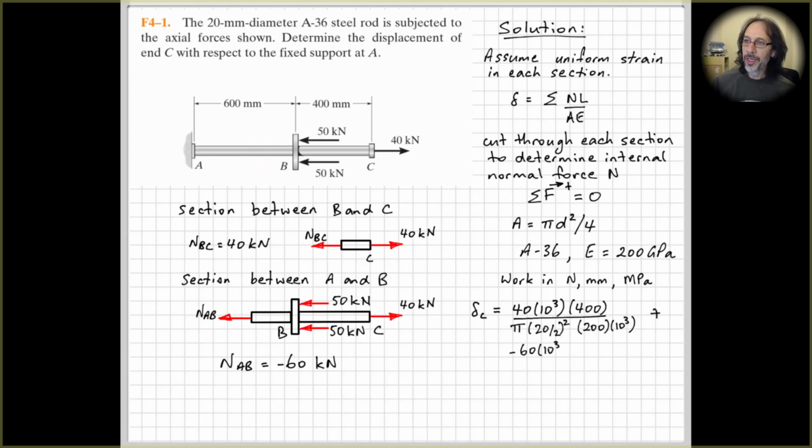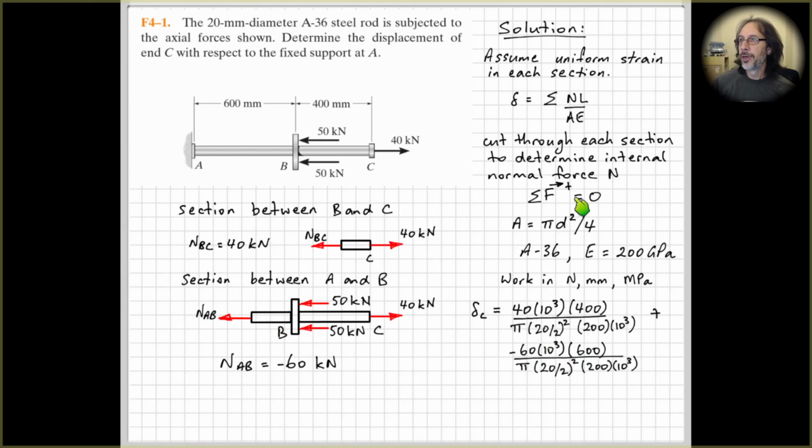So we'll call that negative. We'll add our compression into this equation, so we've got the sum of the deflections for each of the bits. Positive here is to the right, negative is in compression, so this part will go to the left.